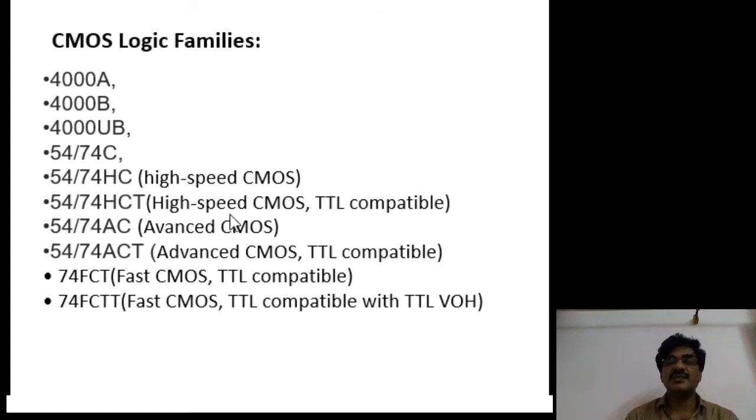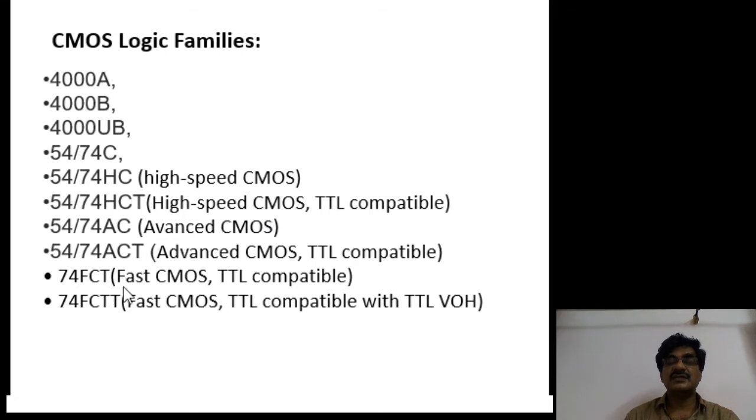HCT is high speed CMOS that is compatible with TTL ICs, meaning you can connect the output of this CMOS IC as an input to the TTL ICs, so both ICs can share data without any ambiguity. AC means advanced CMOS, ACT is advanced CMOS and also compatible with the TTL logic family.